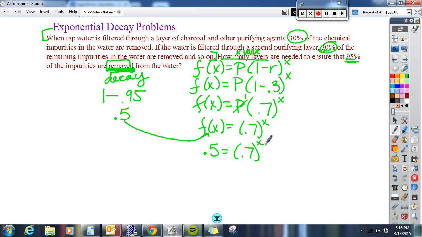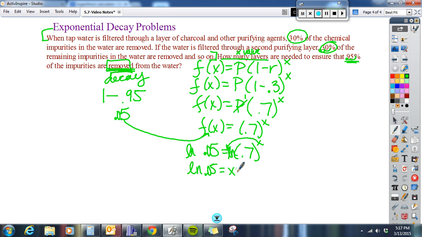Again, I have an x in the exponent. The only way to solve is to bring it down to the front. So I have to add log to both sides. I'm going to use ln this time because you can use either. So that x comes in front. Now I have ln of, you know what? This is 0.05. I hope you all caught that. Miss Schulte's sometimes wrong. Nobody's perfect.